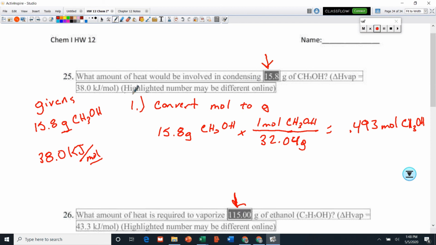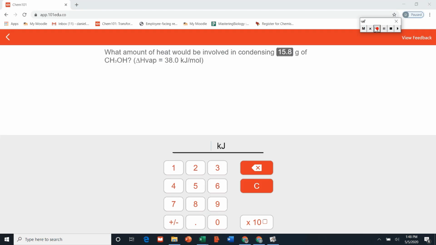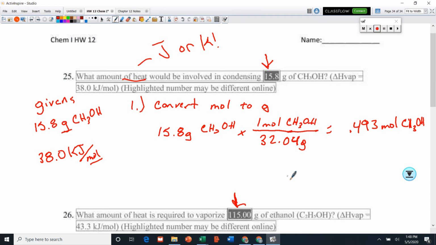Heat is measured in joules or kilojoules. So what we have to look at, and I'm going to go ahead and look at it on the problem here, our number is measured in kilojoules. So it's wanting our answer in kilojoules, which makes life easy because now we can use this.